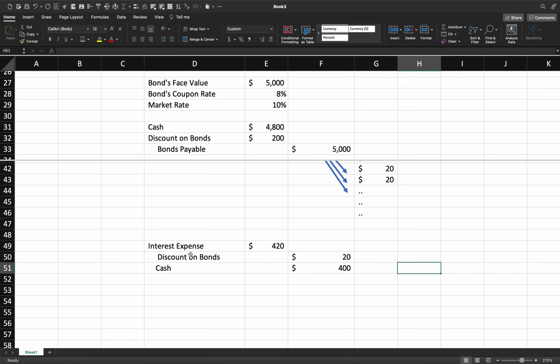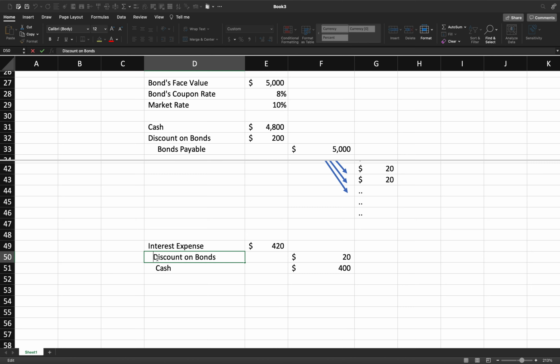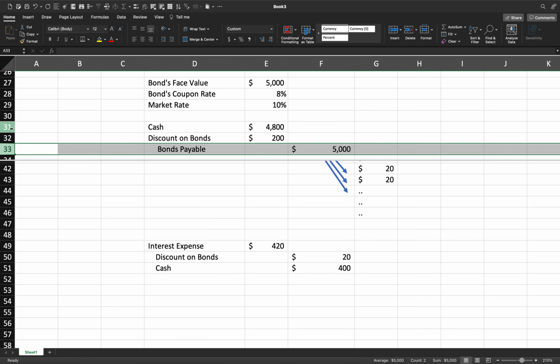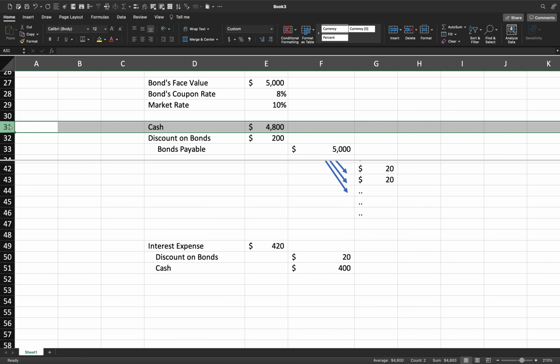Some interesting things happen here. One, I can't indent correctly, but more importantly, we are allowed to recognize additional interest expense as a result of amortization of the discount on bonds payable. Why is that? Well, from the point of view of the IRS, they say you got screwed on this deal. You have to pay back $5,000 even though you only received $4,800.